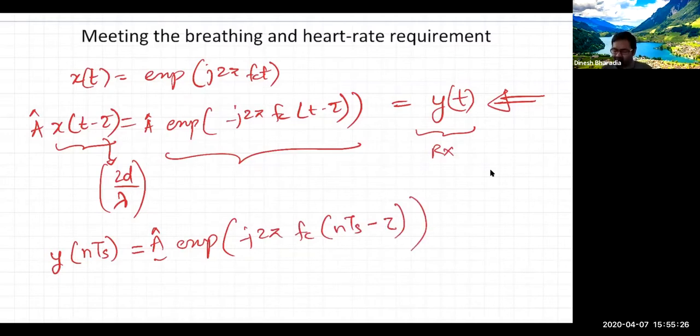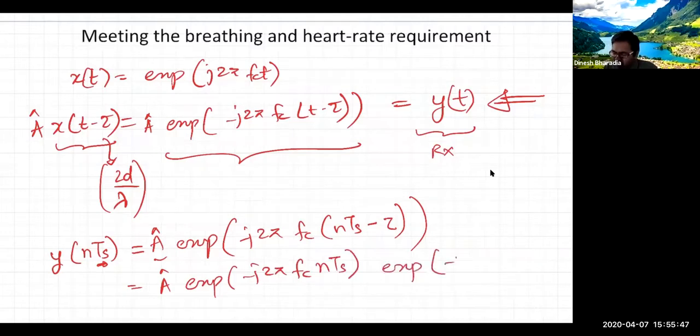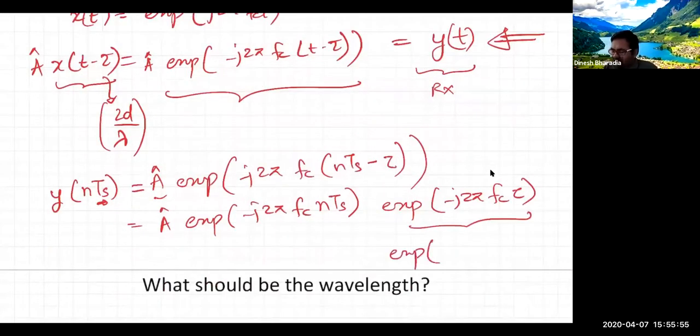Let me rewrite this expression now: exponent of j2 pi fc n Ts times exponent of minus j2 pi fc tau. What is this? We discussed this in the last class. This is exponent of minus j2 pi 2d over lambda, right? Everyone with me? Dylan?